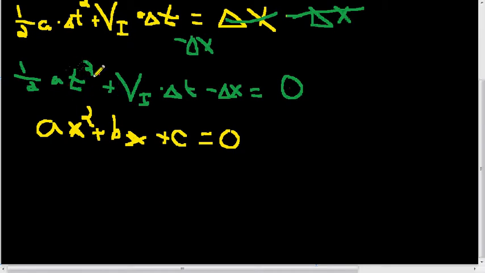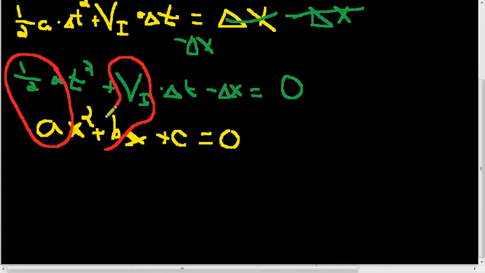And here, on the top, the green one, we have a t, on the bottom we have an x. So let's consider the coefficients out in front. The a in the equation on bottom, on top we have a 1/2 a, on the bottom we have a b. That syncs up with the vi. And here our negative delta x is a c. These are the similarities between the two equations.